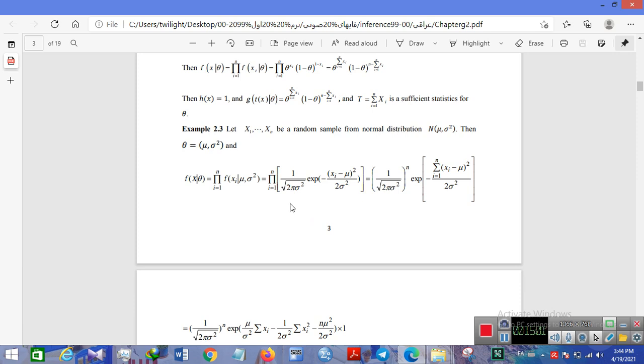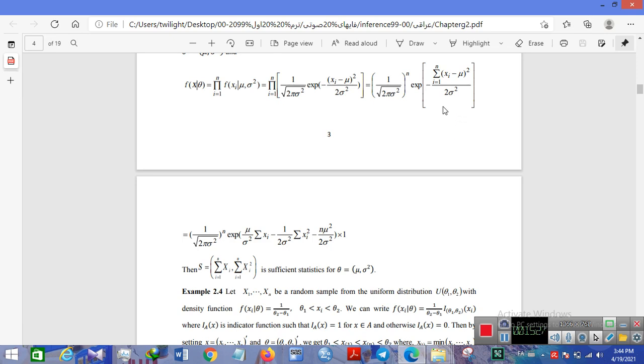This part is a fixed value, and when you calculate the product, it is the fixed value to the power n, and we have this one.